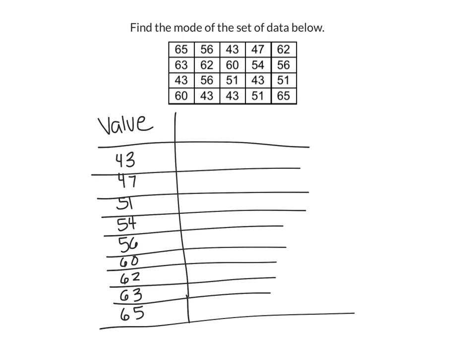Now I'm going to make a tally of the number of times that each value occurs. So my first value is 65, so I'll put a tally mark next to 65.